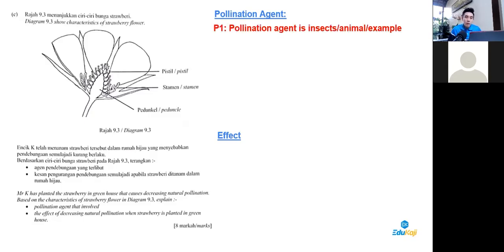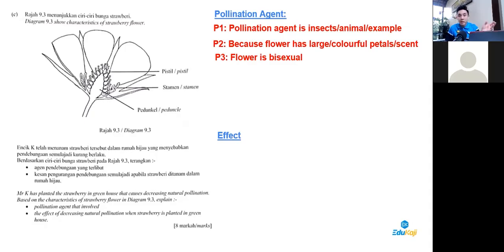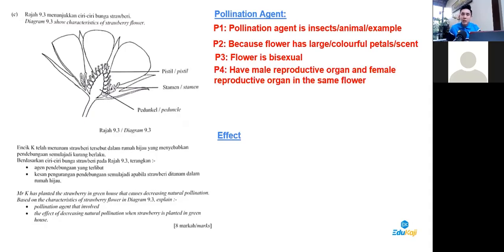Because flowers usually have a scent, a very nice scent to attract all these insects. And normally after we say that it's able to attract them, we mention the flower has both the male and female organs. Yeah, you can say bisexual, or you can straight say they have both the male and female organs.